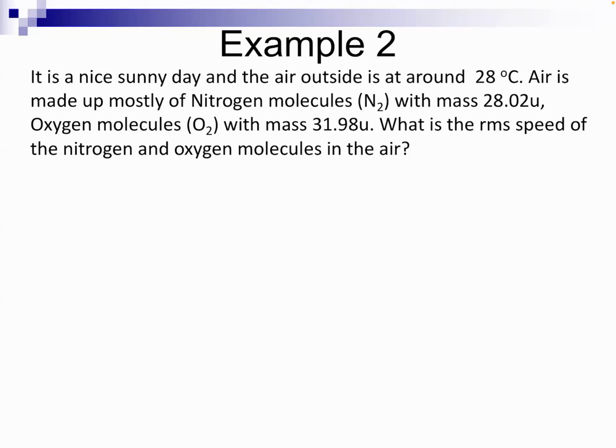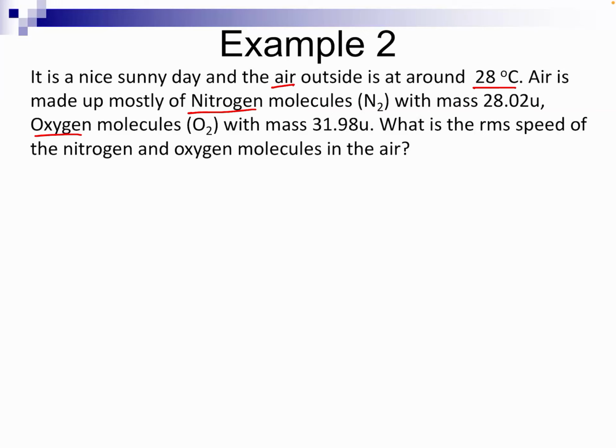Let's look at this other example, which will use the kinetic theory of gases in a different way from the previous example. Say on a sunny day the air outside is 28 degrees Celsius. We'll assume that the gas particles making up the air are also at a temperature of 28 degrees Celsius. The gas molecules are nitrogen and oxygen.